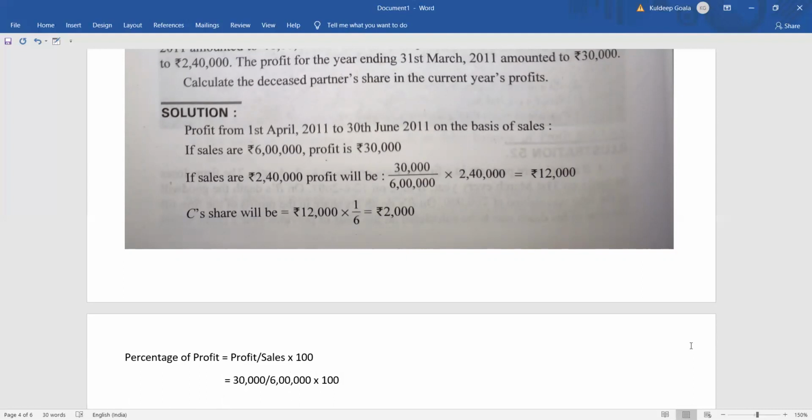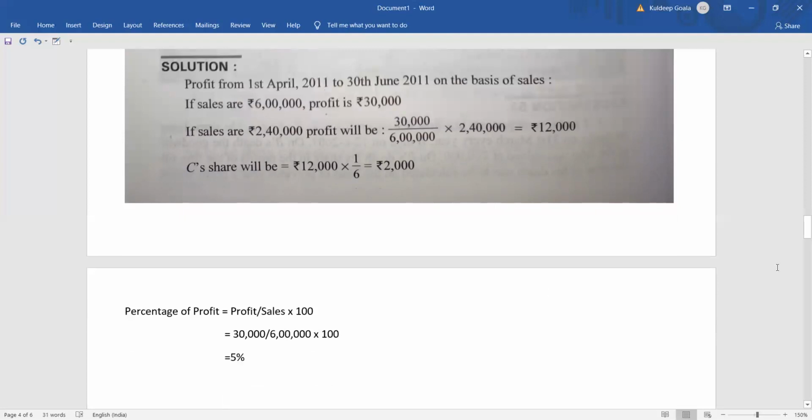If we cancel, if we do the calculation, you can see that the profit percentage will be 5%, right? So 5% is the profit.